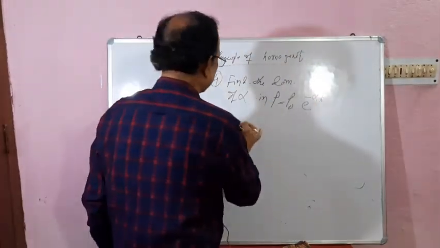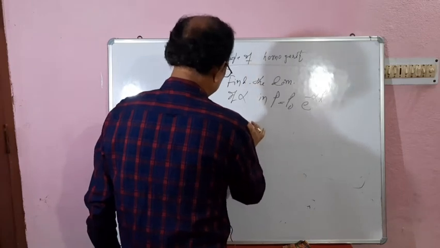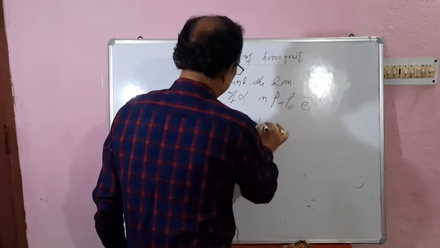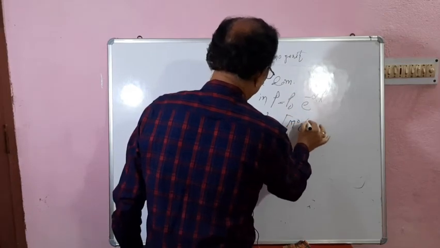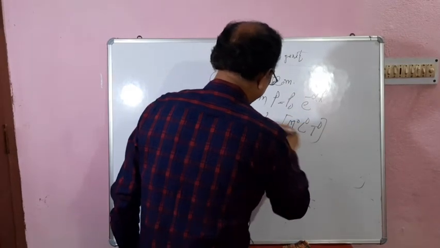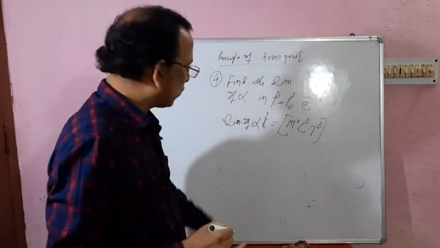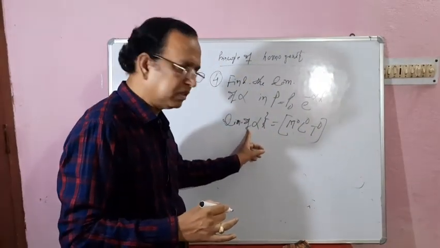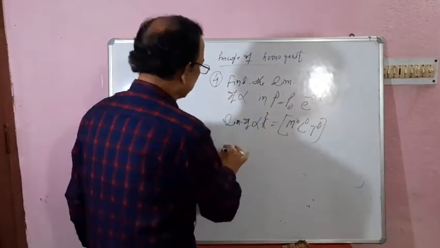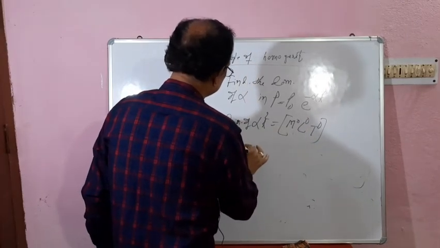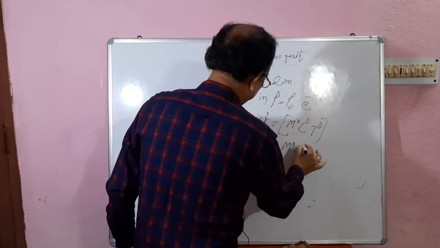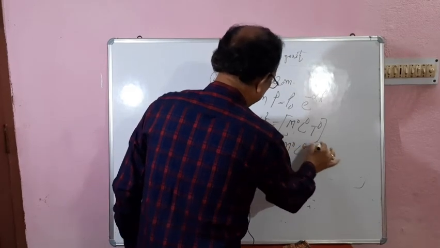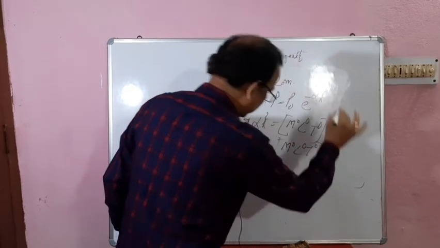So that means dimension of alpha t square is equal to m0 L0 t0. So what is dimension of alpha? Dimension of alpha is equal to m0 L0 t0 by t square.